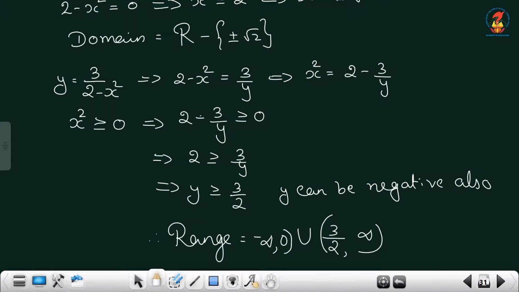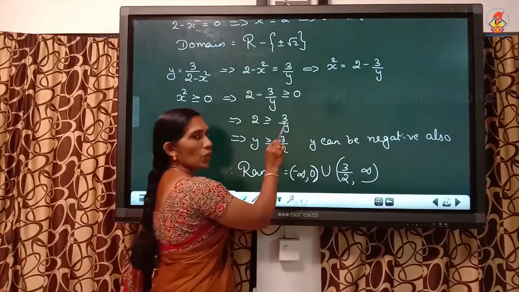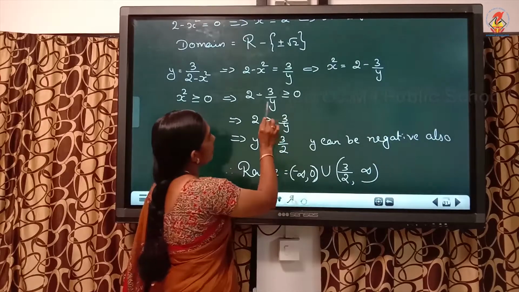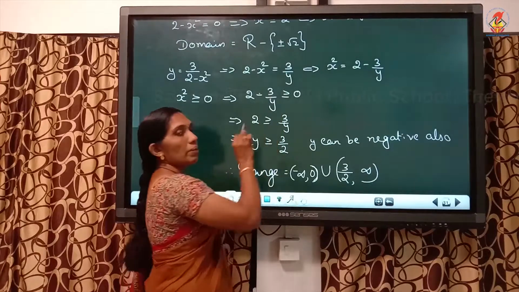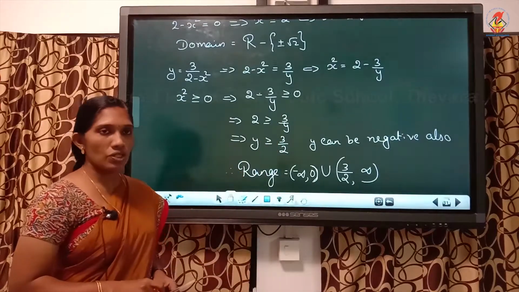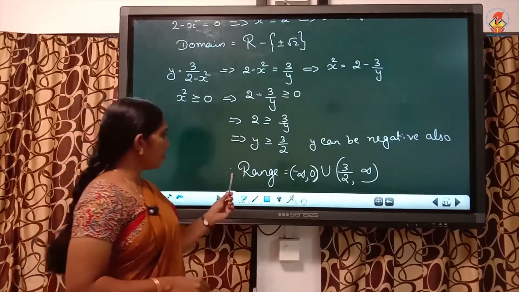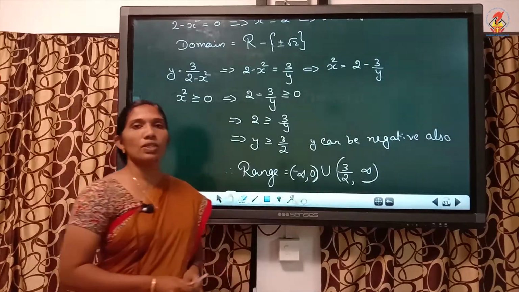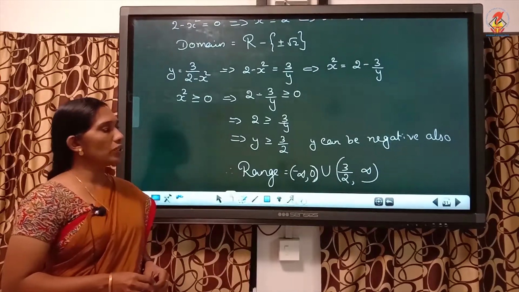Negative infinity is always open, and 0 is open, because y cannot be 0. When y is 0, 3 by 0 is not defined, that is not possible. So the range is minus infinity to 0 union 3 by 2 to infinity.